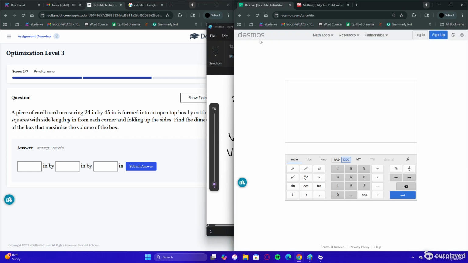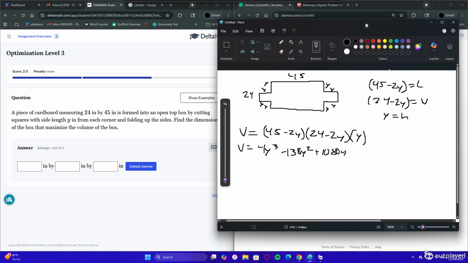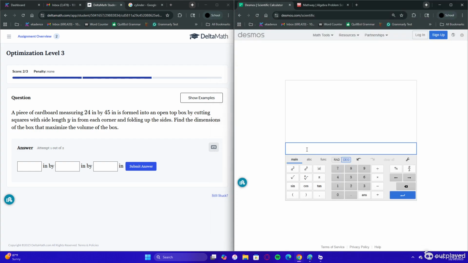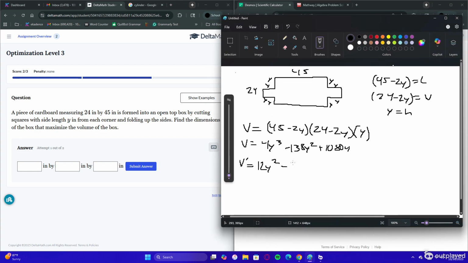And now with that information, we can find the derivative of V and then solve for those critical points. So V prime would be equal to 12y squared minus 138 times 2, which is 276, y plus 1080.